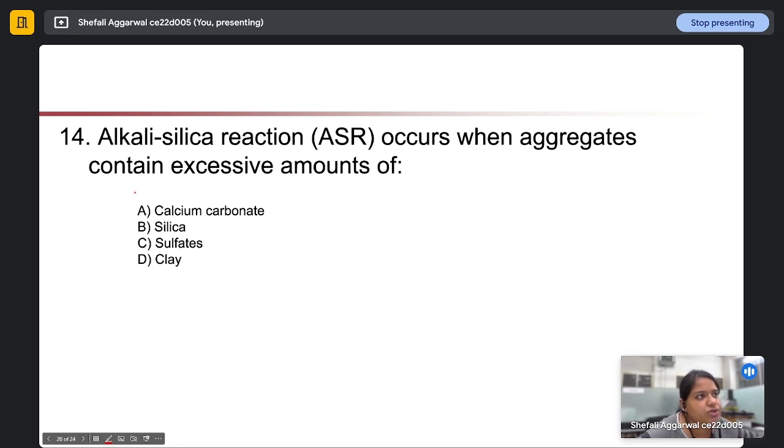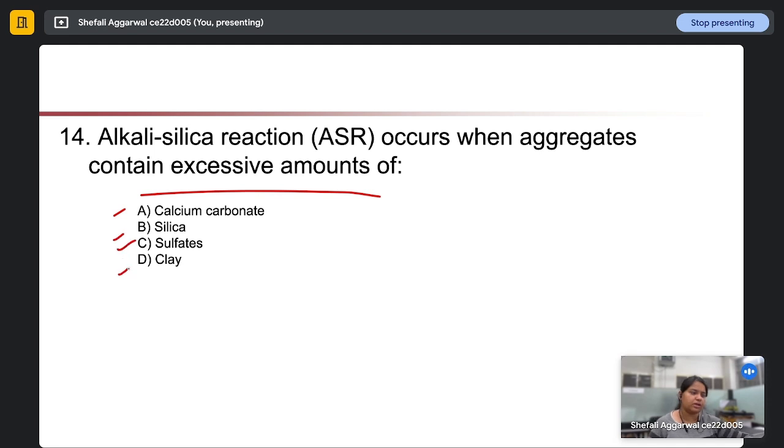So the next question is: alkali silica reaction occurs when aggregate contains excessive amount of carbonate, silica, sulfates or clay. The basic definition of alkali silica reaction is when the aggregates have a high amount of silica.